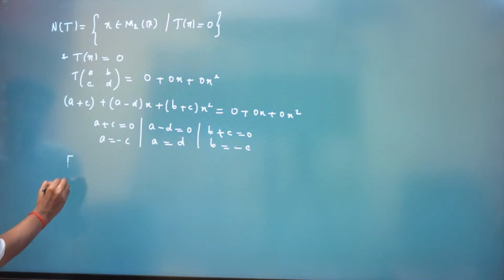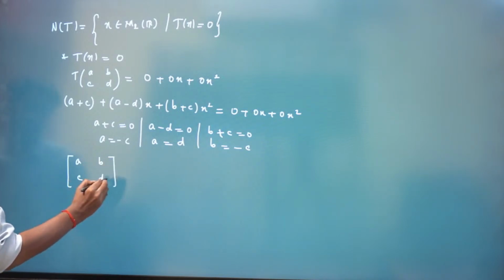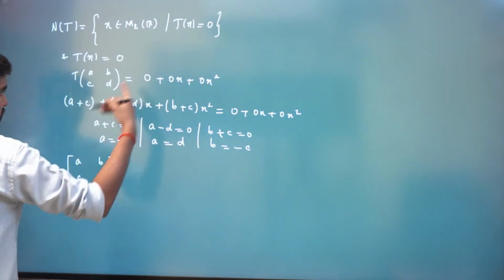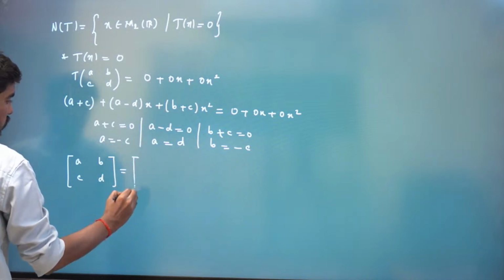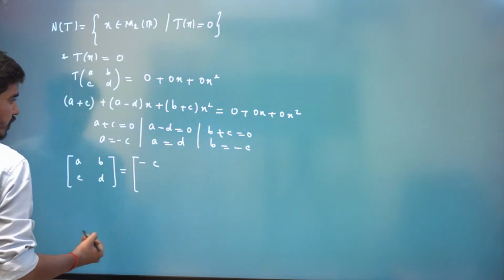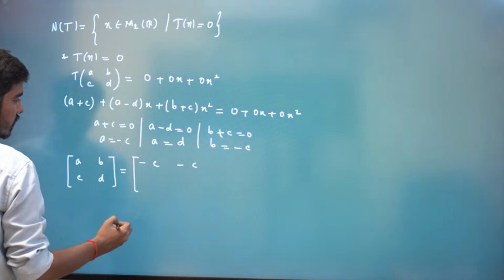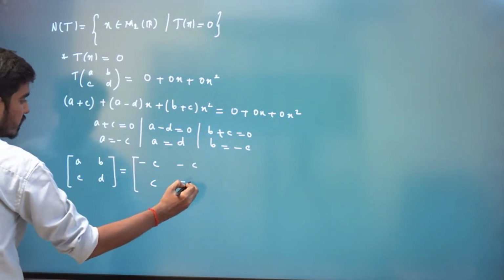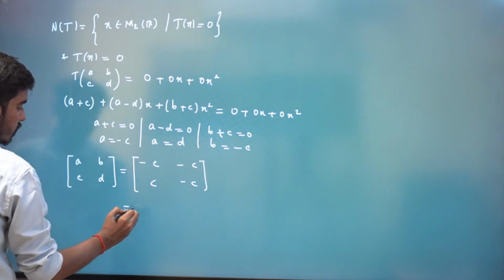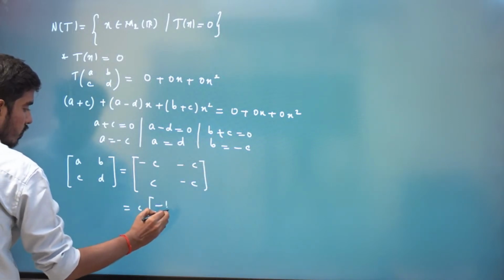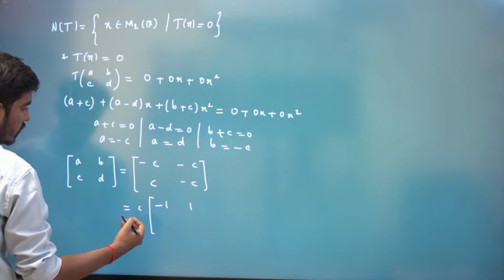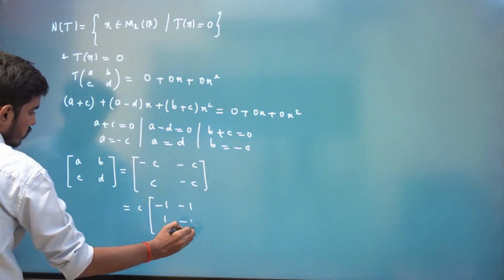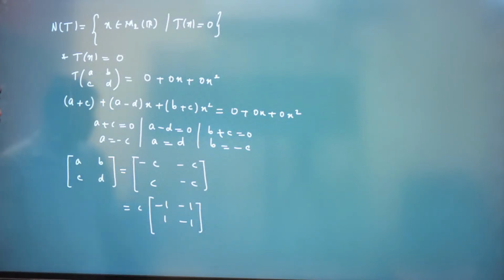So our x is given by a, b, c, d, and if it is mapping to 0, a is of the form minus c, b is of the form minus c. Let us keep c as it is, d is a and a is minus c. If I take c outside, you can see this is the basis for the null space of T.